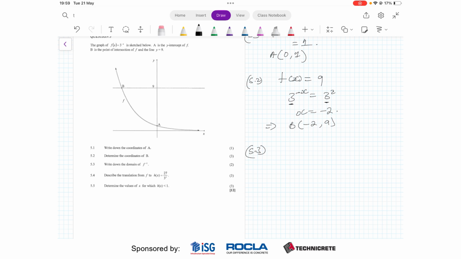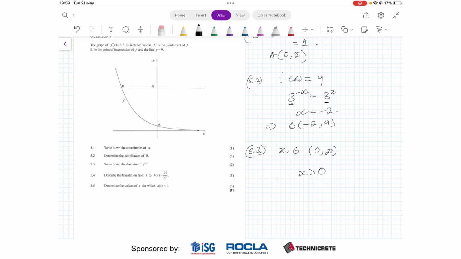5.3, write down the domain. Now, the domain of x, right? The domain of x will be x as an element of 0 to infinity, or x is greater than 0.